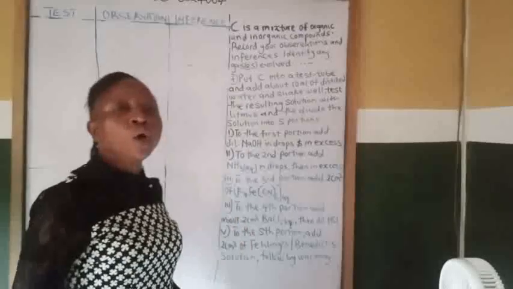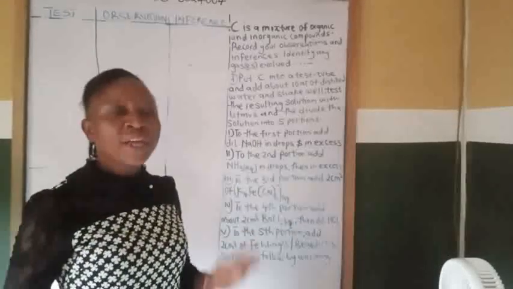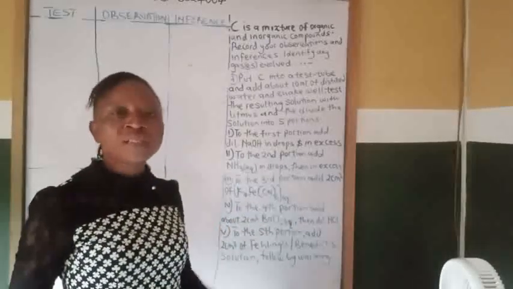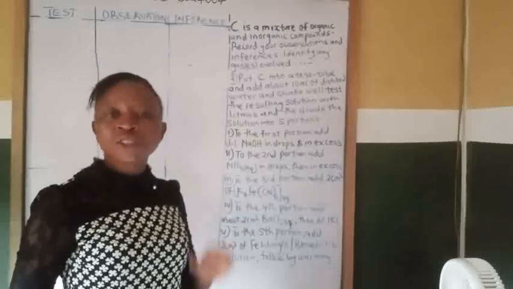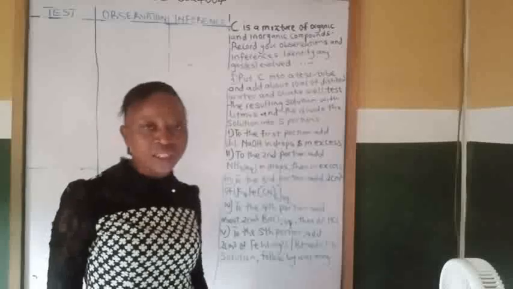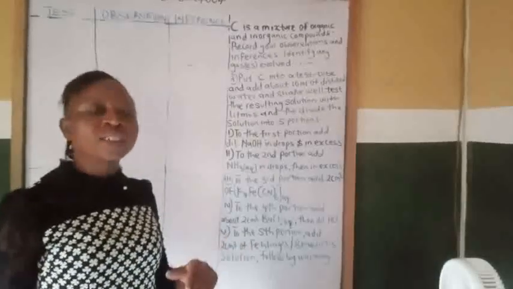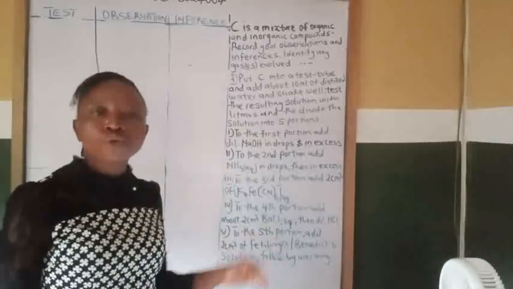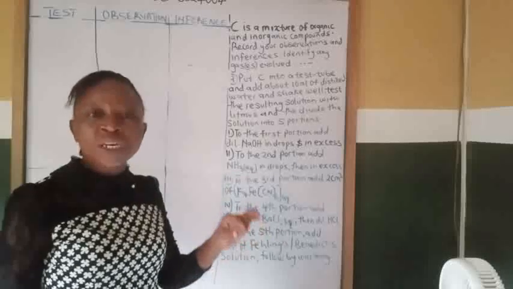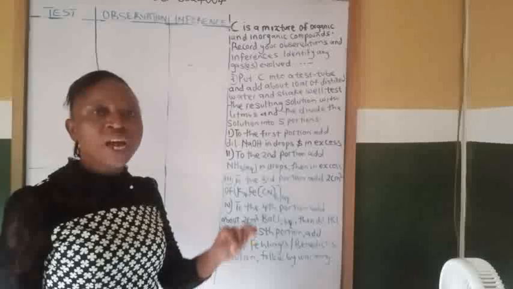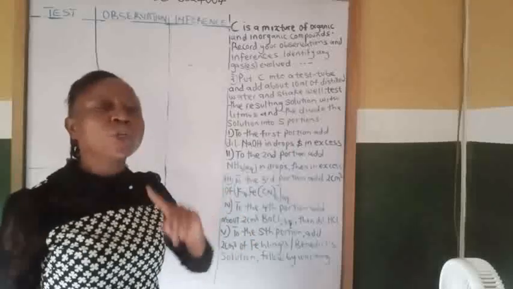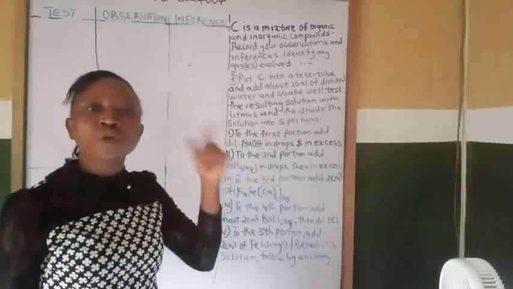So another one, you might be asked to test your solution C with dilute HCl and warm, or with trioxonitrate 5 acid. So what will happen when you add dilute HCl to your solution C? It will react on copper sulfate, but it will not react until the solution is heated.